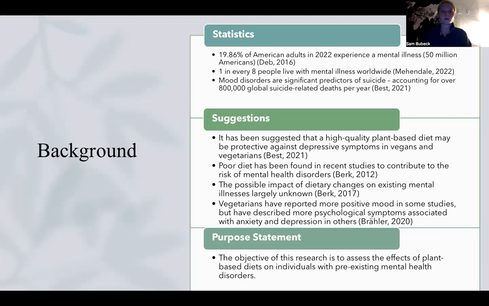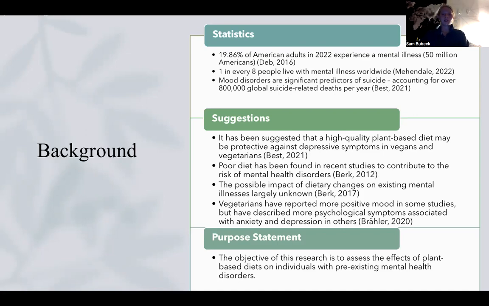Also, mood disorders are significant predictors of suicide, and that accounts for over 800,000 global suicide related deaths per year. So, not only does this research cover what we can do for those who are experiencing mental illness while they are living, but we can possibly help prevent any of these fatalities that mood disorders contribute to.